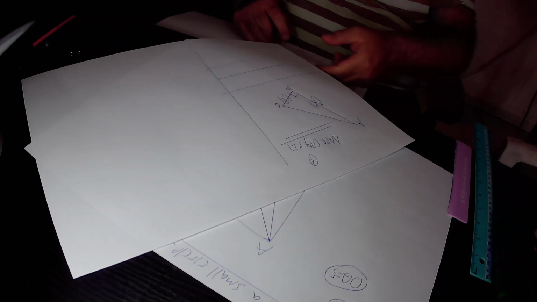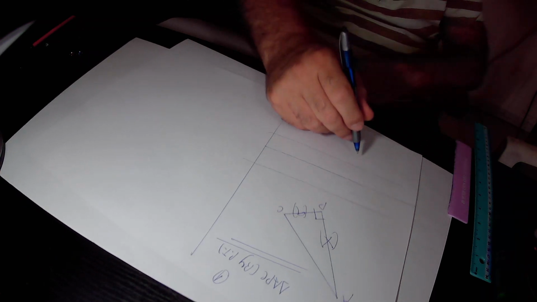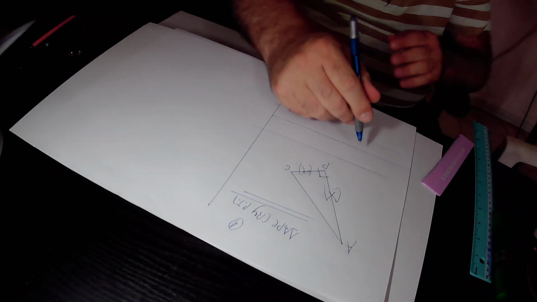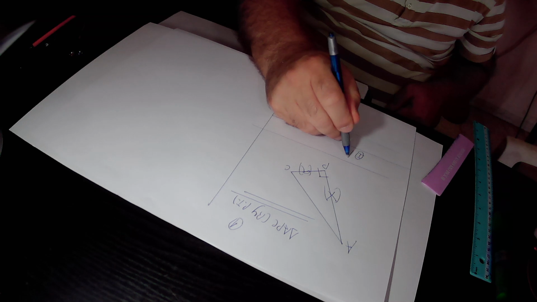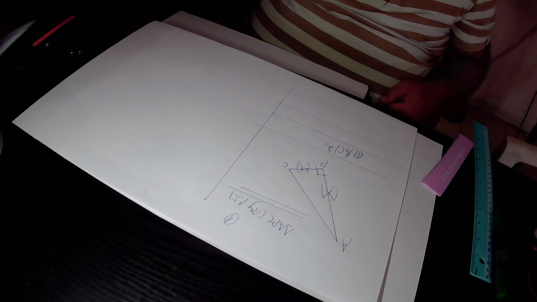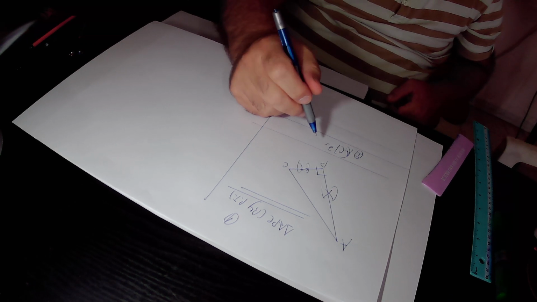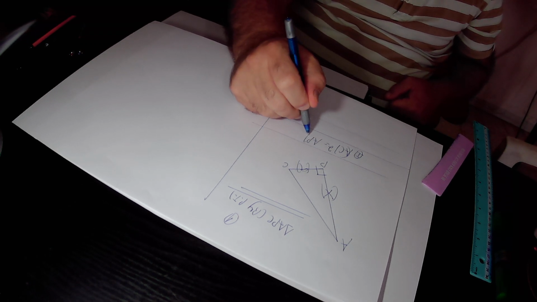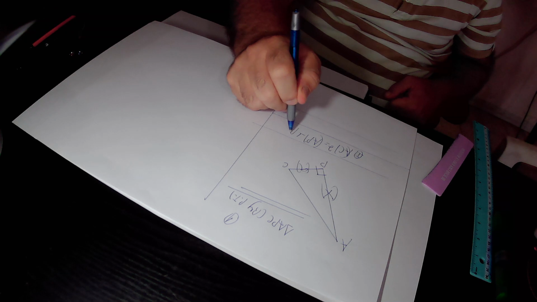AC squared, the square of the hypotenuse, is equal to AP squared plus PC squared.